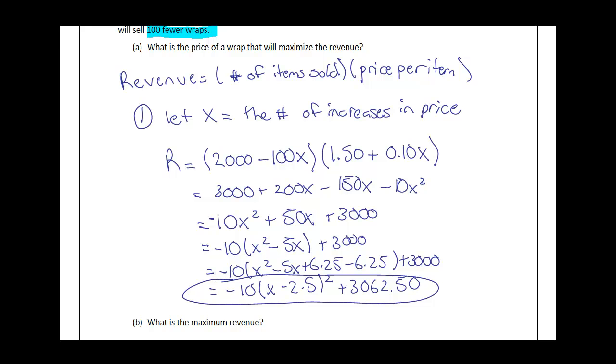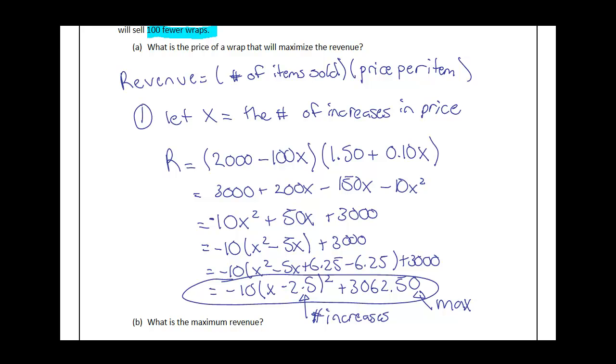Now, once we have it in standard form, we can see that our max revenue is going to be the value of $3,062.50 for 2.5 increases, because our x represents the number of increases. So the question was asking, what is the price of a wrap that will maximize the revenue?